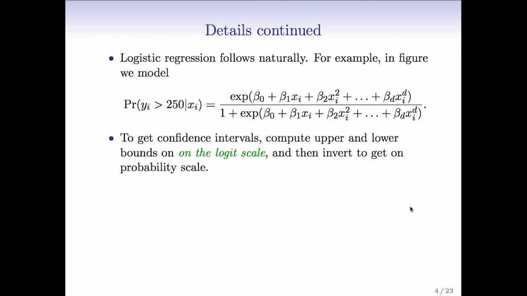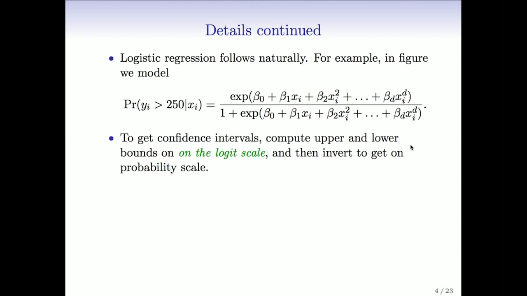For logistic regression, the details are pretty much the same. As I said in the figure, this is what we were modeling. And so there's our inverse logistic function, and it's just a polynomial instead of a linear function. And one small detail that's somewhat important is to get confidence intervals.